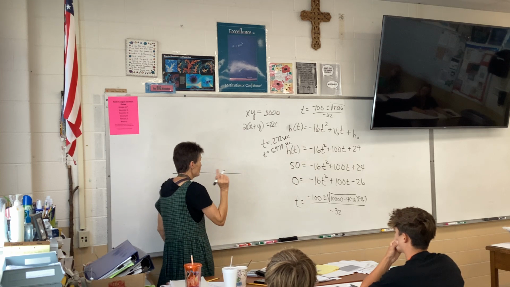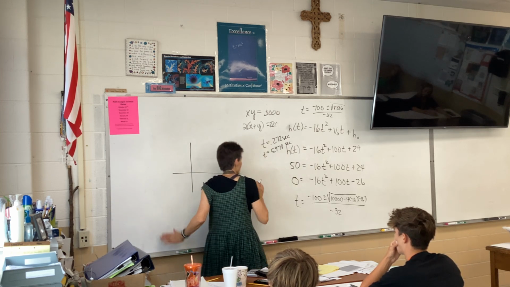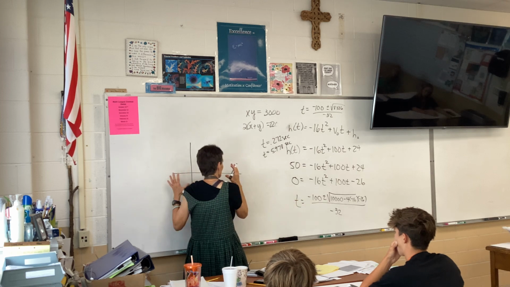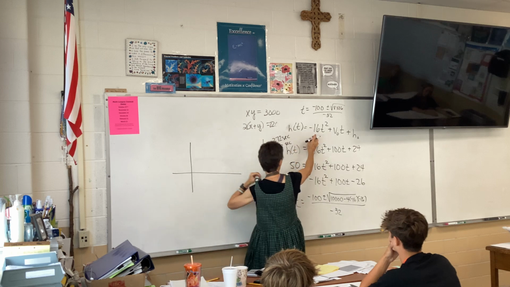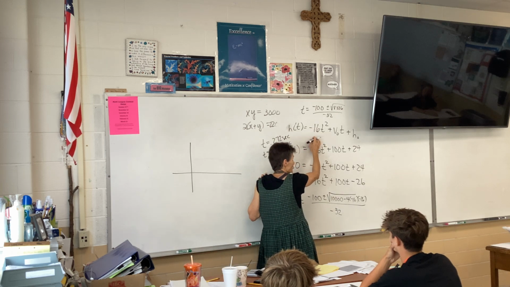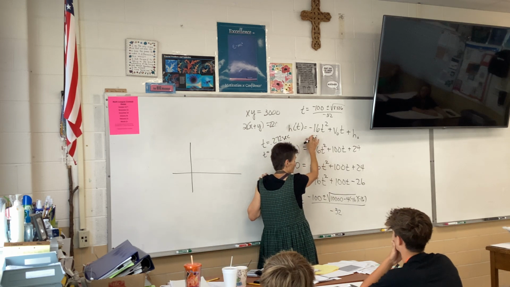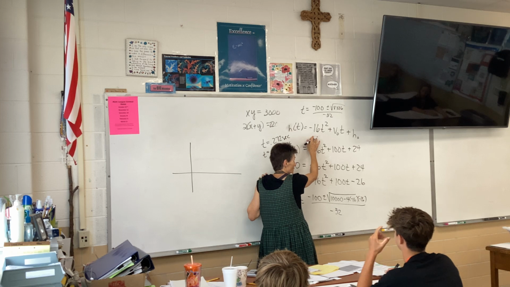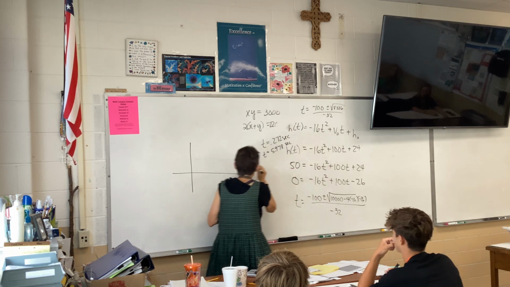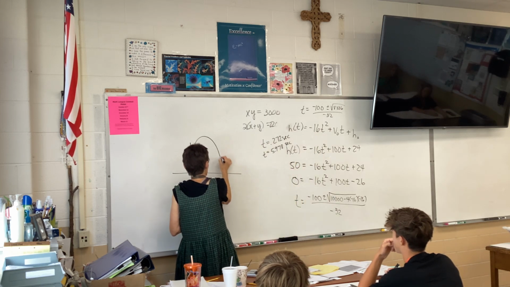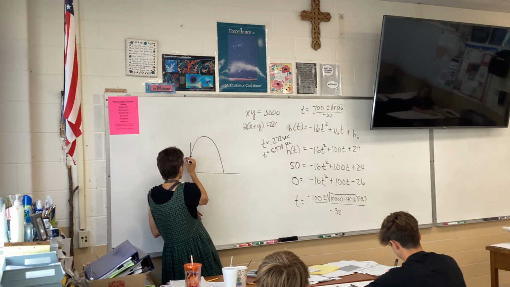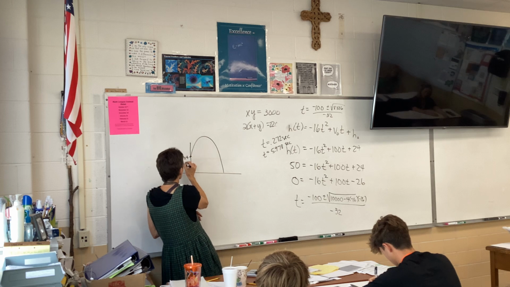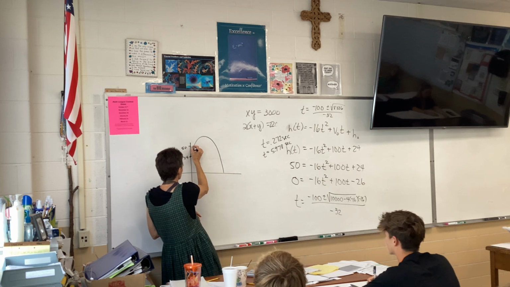In a minute we're gonna graph it, but without using your calculator to graph, you should know what shape this is. What's a negative t squared? Opens down. It's a parabola opening down. So this is gonna look like this. Remember, it started up here on top of the building. So this is 24, and then up here is 50.